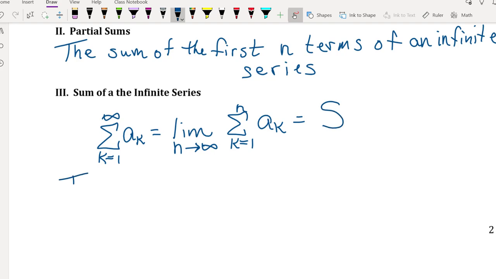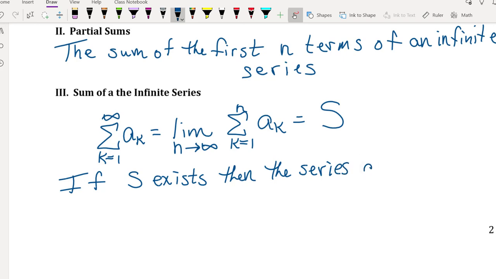So if S exists, then the series converges. It doesn't just keep getting bigger and bigger, or smaller and smaller. The numbers are actually heading towards one specific value. That's a good thing, because then it does have a sum that we can say, like it's 15 or -1 or something.